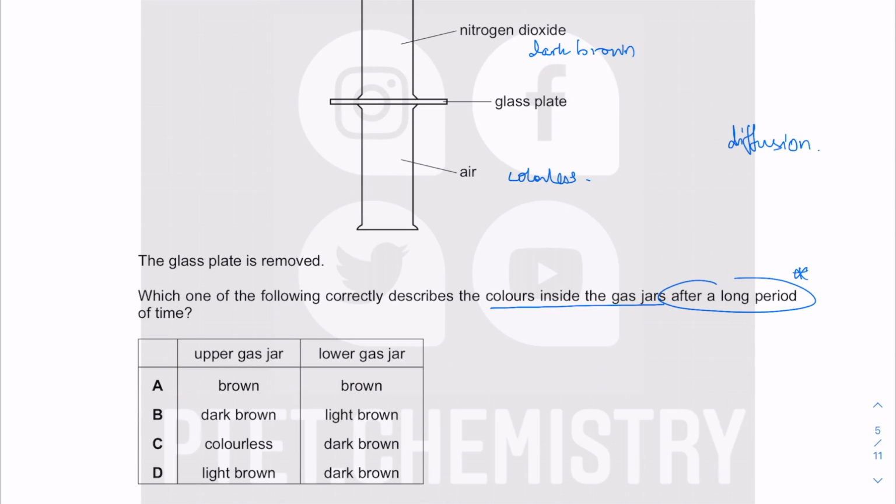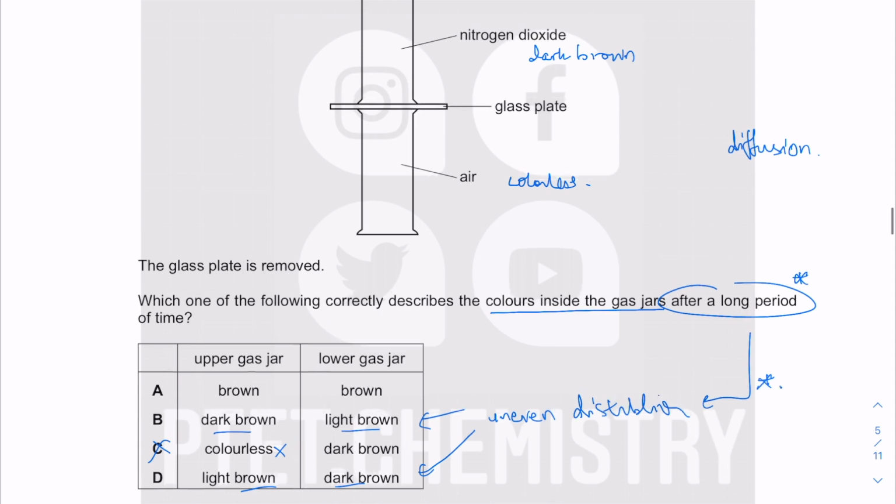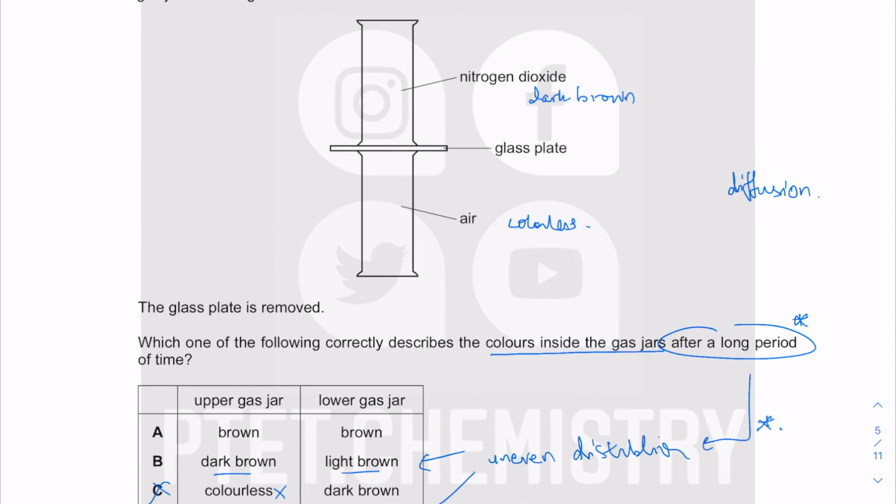So what can I say? Colorless is going to be incorrect, so C is definitely out. I cannot have a dark brown and a light brown because this would mean uneven distribution, and this is after a long period. So the gas particles must have moved randomly and occupy the... actually, hang on, the nitrogen dioxide is denser than air, right?